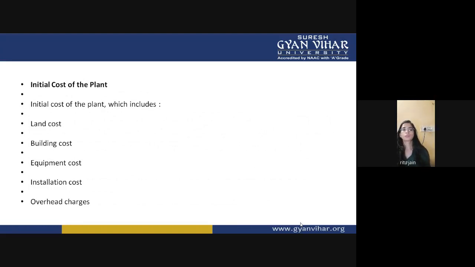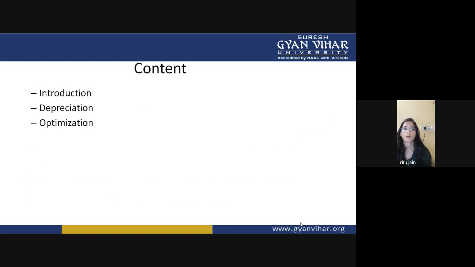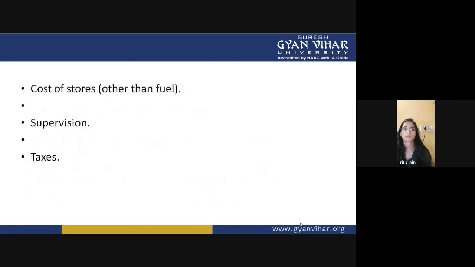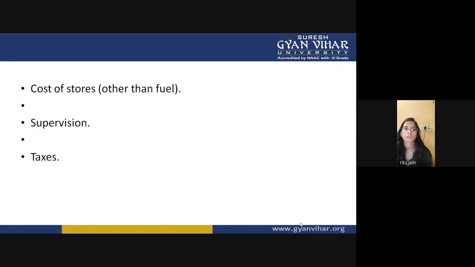So this is your depreciation, this is your operating cost and capital cost. We are going to discuss the operating cost, which includes fuel cost, labor cost, cost of maintenance, cost of stores and supervision, and taxes.